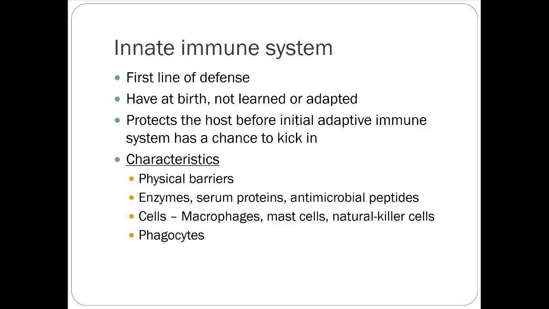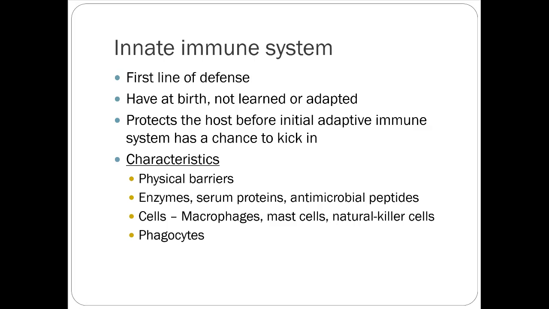So we're going to talk about a couple different aspects of the immune system. When it comes to the innate immune system, this is your first line of defense. It's not a learned or adapted thing, and it's designed to protect the host before an adaptive immune system has a chance to kick in. Of course, if you've never been exposed to some sort of antigen before, you're at risk for getting some sort of disease from it, if it's an infectious component, bacteria, virus.